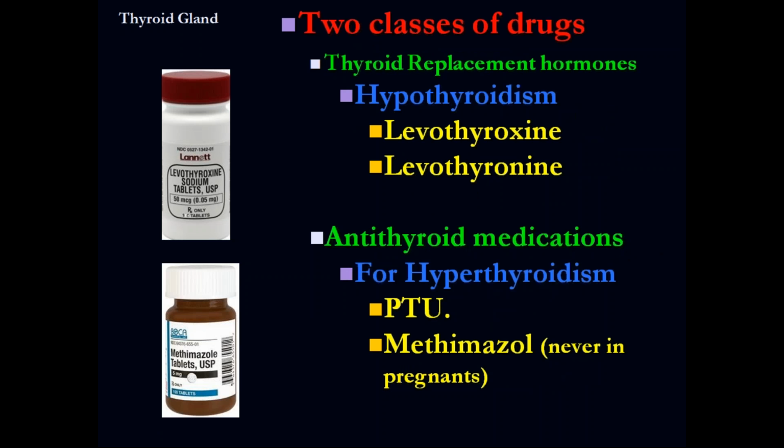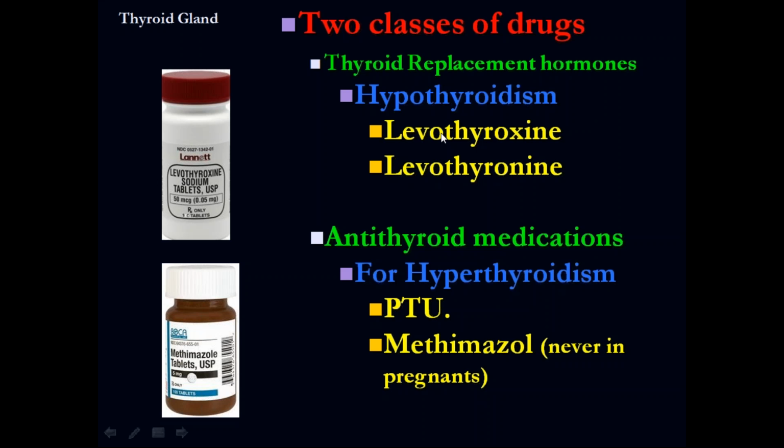Here we have the two medications that we are going to talk about today: levothyroxine and liothyronine. Listen to this. Thyroxine alone is the normal T4 hormone that we produce in the body, but it is made in the pharmacy as levothyroxine.